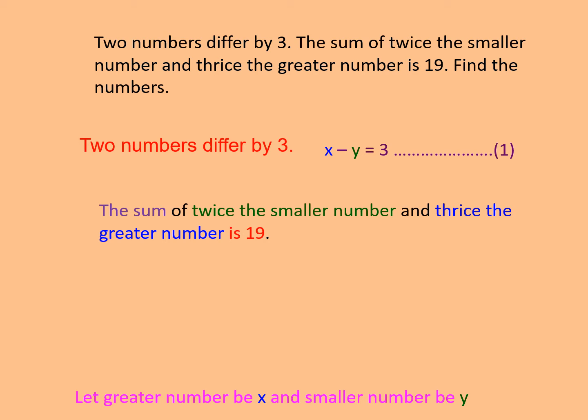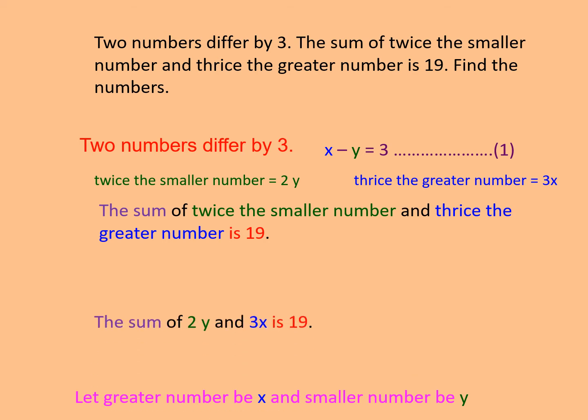Now let us see the second condition. Sum of twice the smaller number: the smaller number is y, so twice will be 2y. Thrice the greater number is 3x, means 3 multiplied by x.